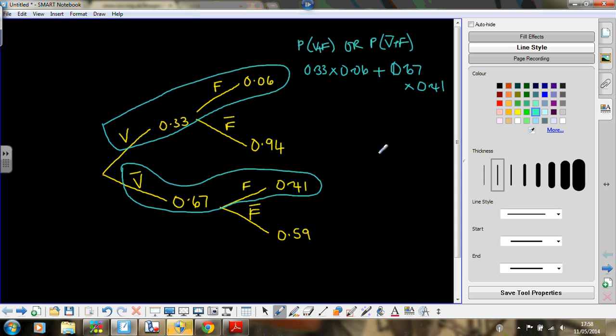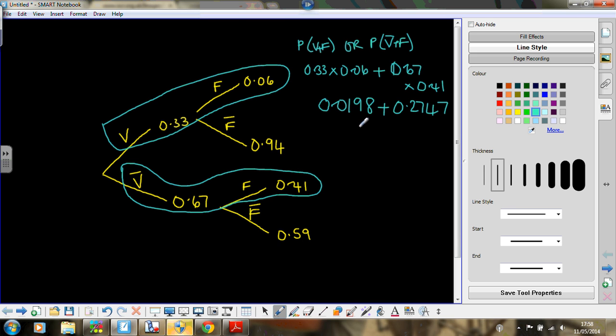So we need to work things out separately with our calculator, which when you do that, you get for the first part 0.0198, plus the second one, so 0.67 times 0.41 is 0.2747.